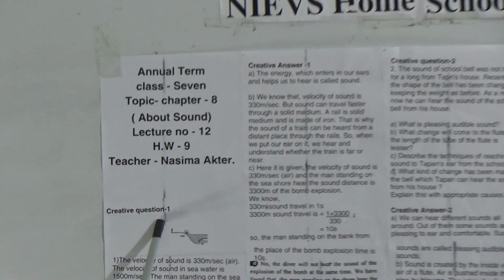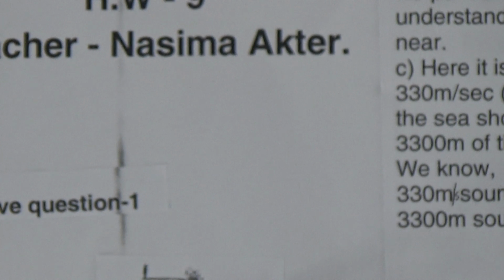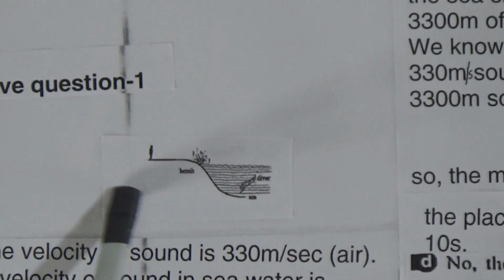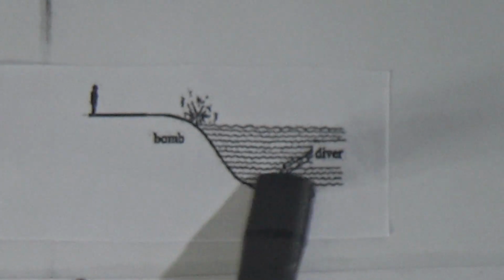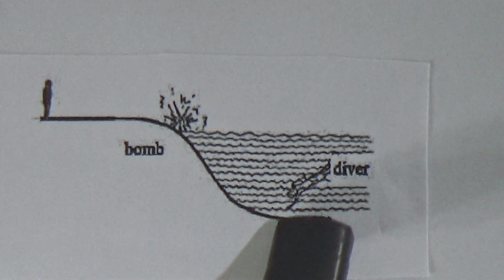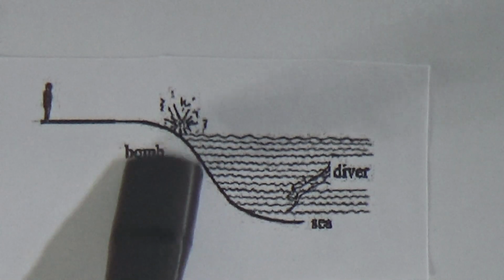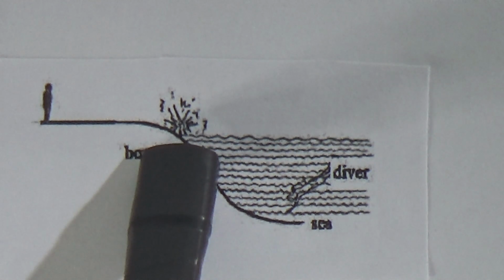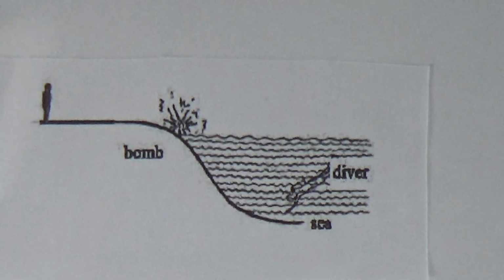This is creative question 1. You can see here is the picture, here is the stem. In this picture, on the seashore, here is a man standing, and this is a diver under the sea, and this is the place of the bomb explosion.